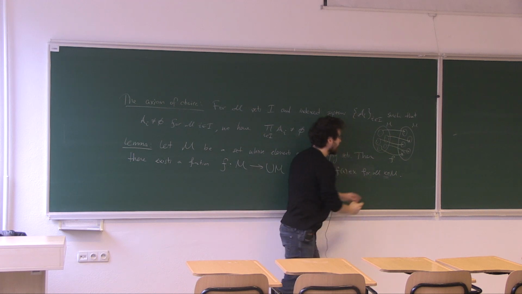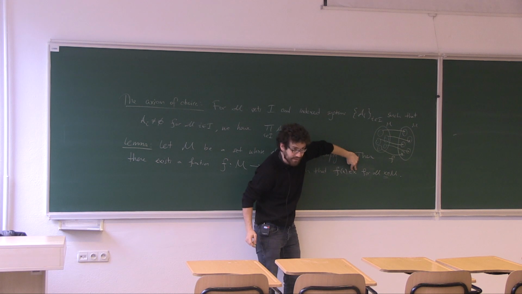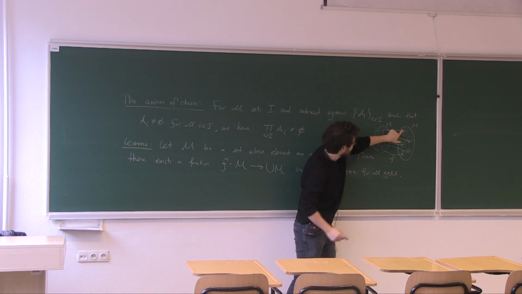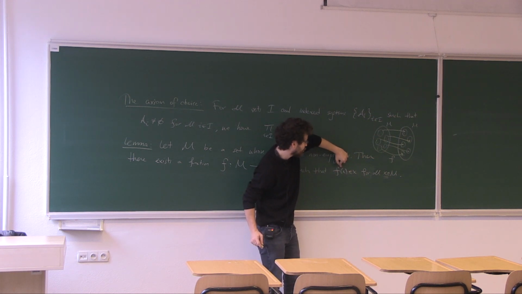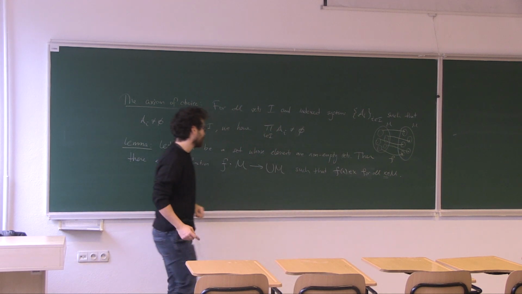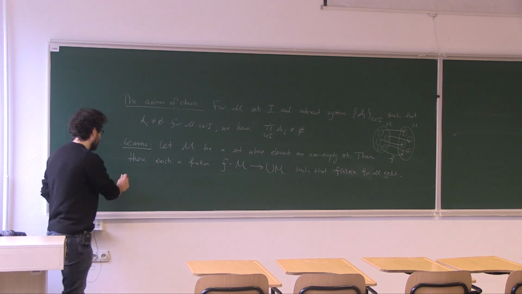For every element in M, I want to choose one element from that set. So f of x is an element of x. f chooses one element from x. Now this is the form of the axiom of choice we use in practice a lot.